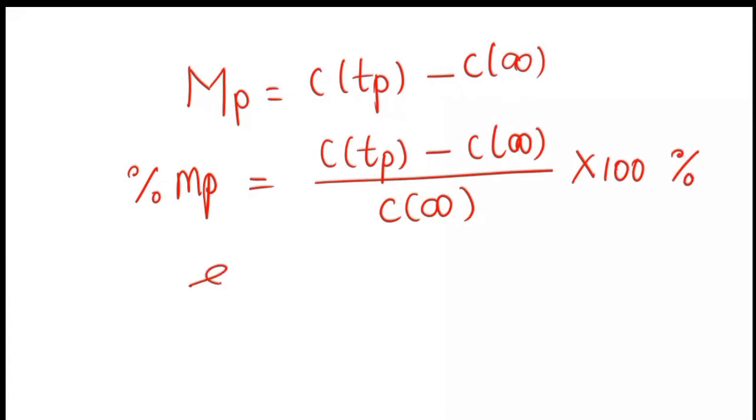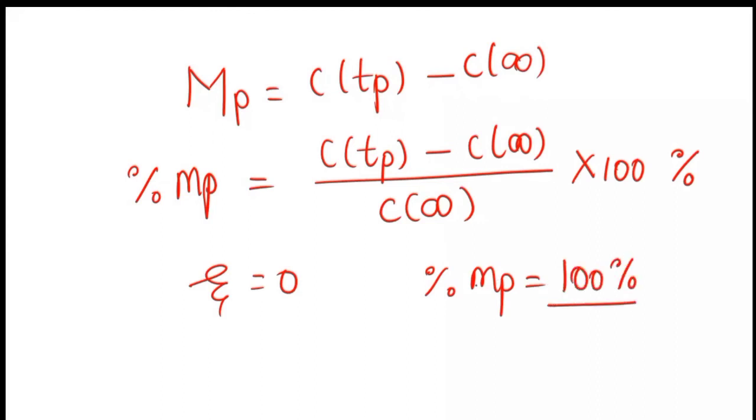So, for zeta is equal to 0, this percentage peak overshoot is equal to 100%. Sorry, 200%. Because the c of infinity never be equal to 1.